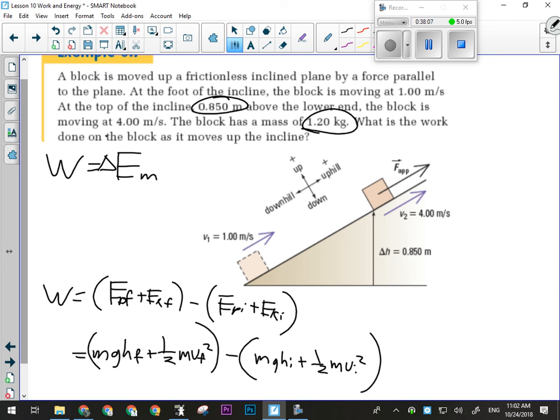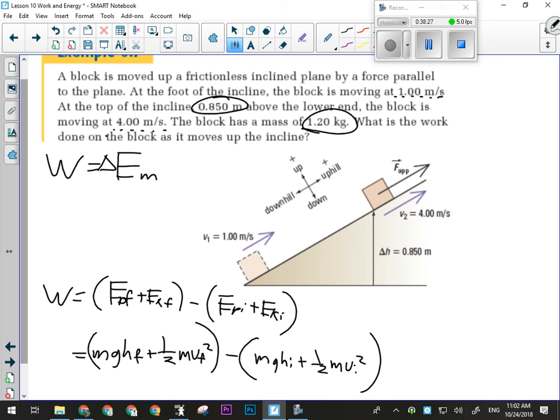And I know that at the bottom of the ramp, it's moving at 1 meter per second, and at the top of the ramp, it's moving at 4 meters per second. Even though that's a long equation, I know all of those variables.